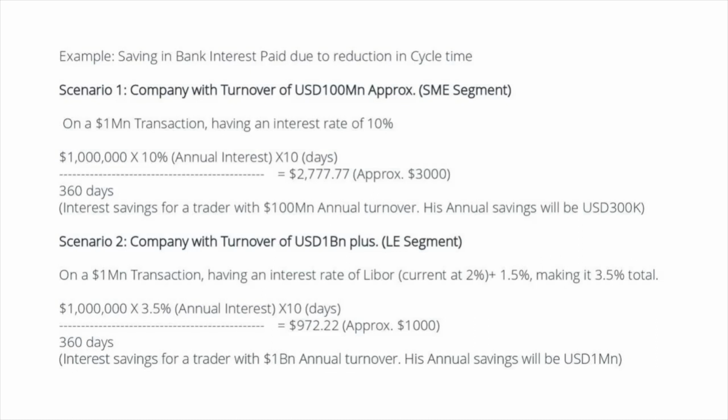Now, scenario two, the company has a turnover of about 1 billion US dollars, which is a large enterprise segment. We keep the ticket size the same, a 1 million invoice being transacted, but with a better interest rate because he now has a better arrangement with the bank. So he might be working at LIBOR plus 1.5%. Current LIBOR is hovering around 2%, so 2 plus 1.5% is about 3.5% total cost of funds.